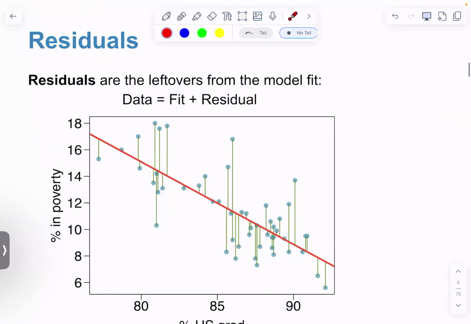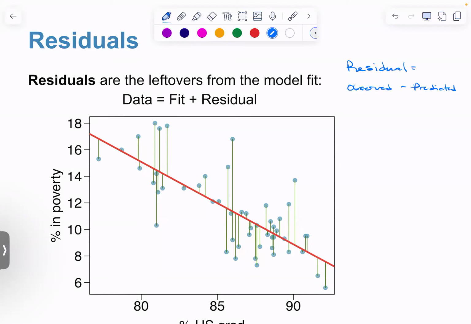So the residual is just the distance between the observed points and the line. Okay? And so the residual is just the leftover, right? The residual is the observed minus the predicted. Observed what and predicted what?